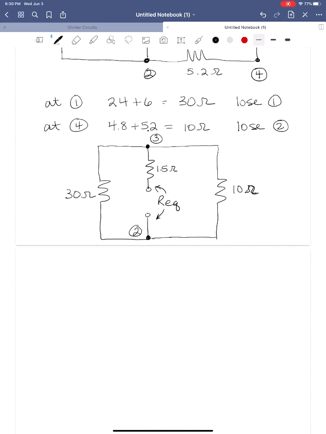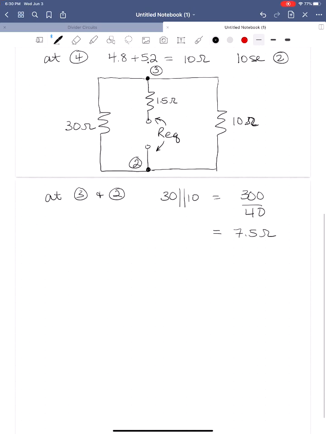So at 3 and 2, we have 30 in parallel with 10. That's equal to 300 divided by 40, which is 7.5. So that's our equivalent resistance there.